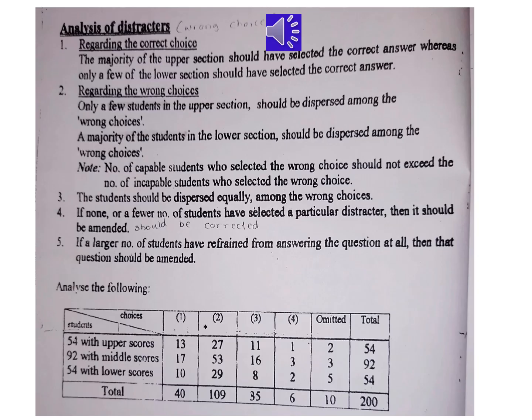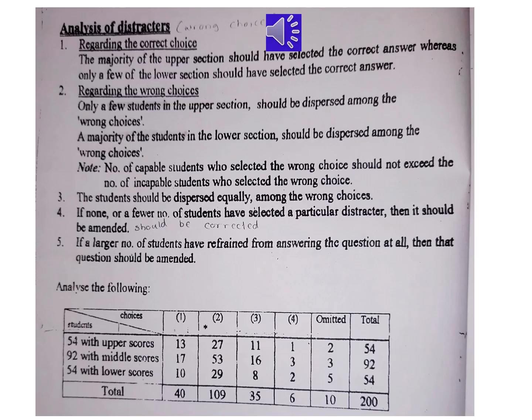Number 5. If a larger number of students have refrained from answering the question at all, right? Now omitted means nobody has answered. From the clever students, 2. From the average group, 3 students have not answered that question. And from the weaker ones, 5. Altogether, 10 students have refrained from answering the question.